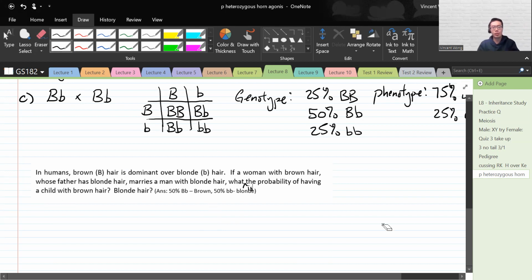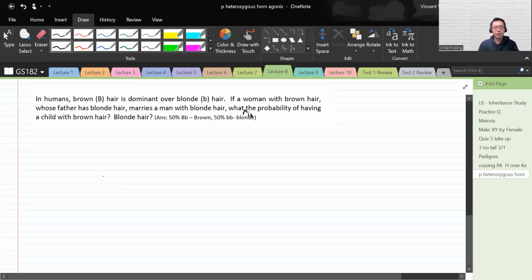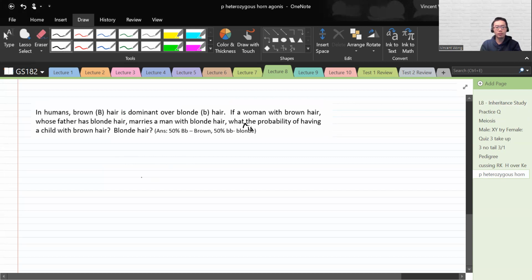Maybe we can use a pedigree to represent the situation here. So square is man, circle is woman, and that's to get married. Okay. So we have brown hair, big B, and then small b is blonde hair.